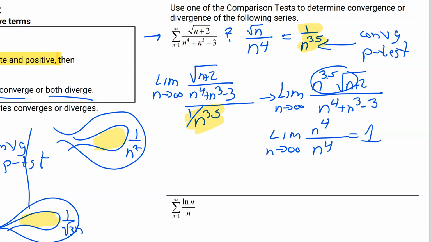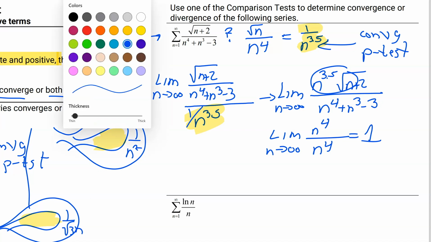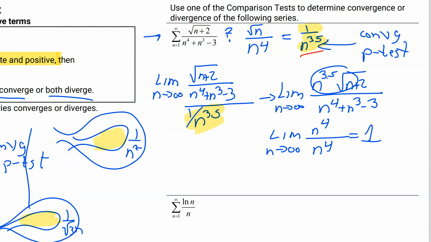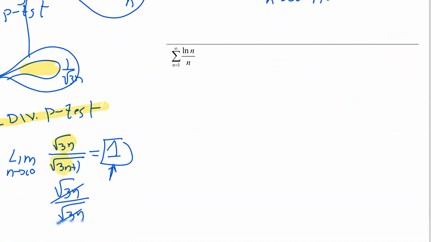Hey, that gives us a positive answer that is finite, right? It's not infinity. Therefore, these things go together. So, since the thing we're comparing to converged, we will say the original series converges by the limit comparison test.